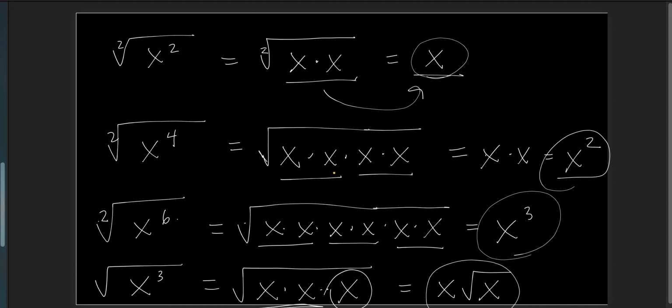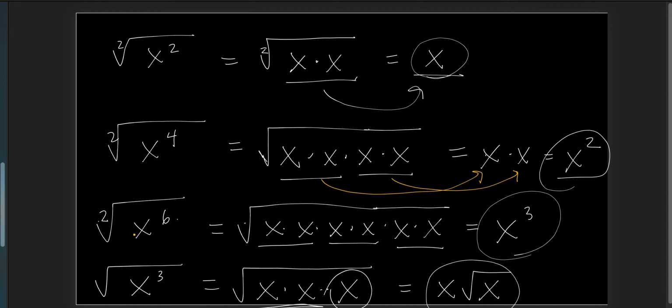For every pair of x's that you see, you take one out. So for this pair, I took out 1 x right here. And then here's another pair of x's, and I took one out right here. And of course we multiply what comes out as x squared. So the square root of x to the 4th is equal to x squared.